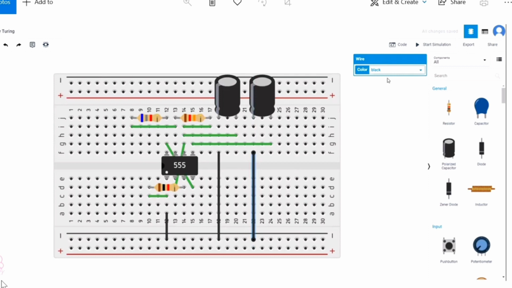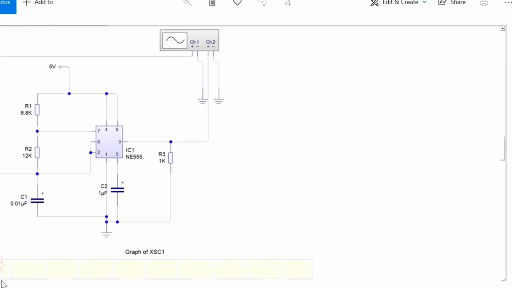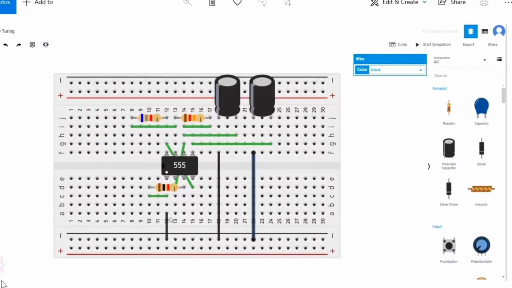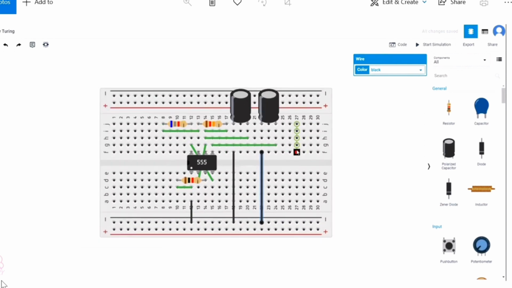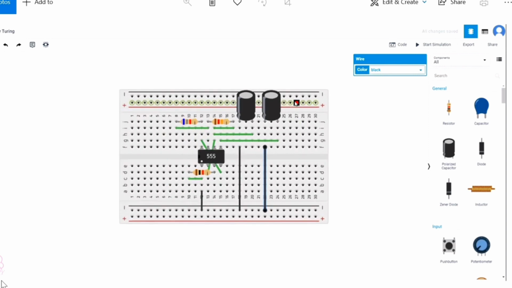Choose it as a black color. Then choose the next option. What is next? 1. 1 is directly given to the ground.